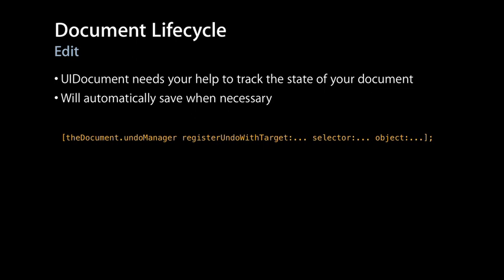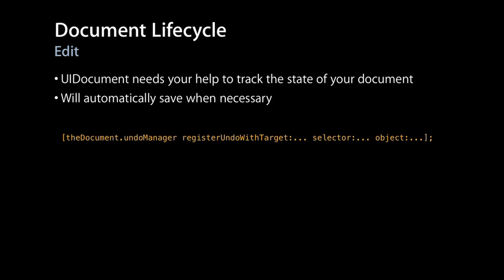Now, when it comes to editing your UIDocument, this is going to be where your application adds its value. This is how the user is going to be interacting with their document. And UIDocument can keep track of quite a bit, but it needs your help to track the state of your document. For UIDocument to automatically track these changes to your document, you need to provide some help.